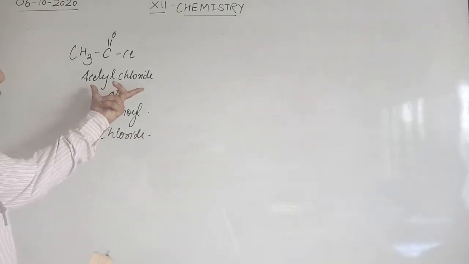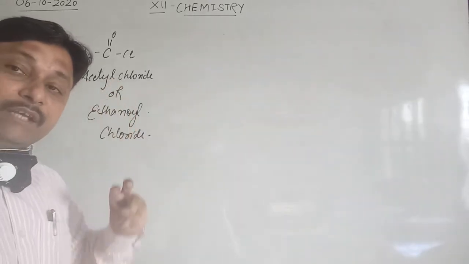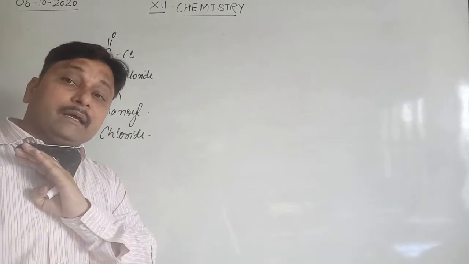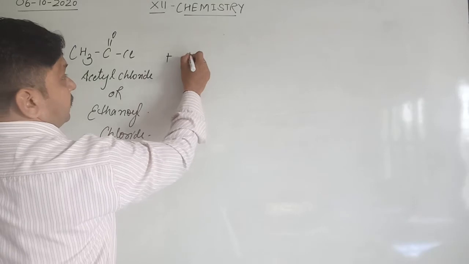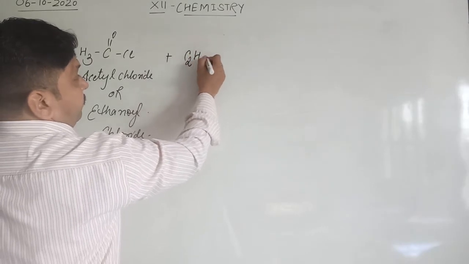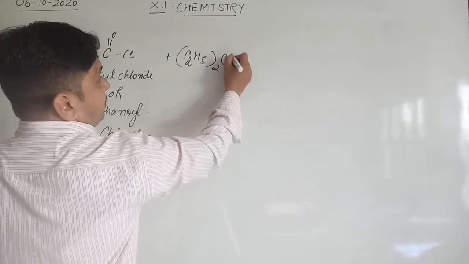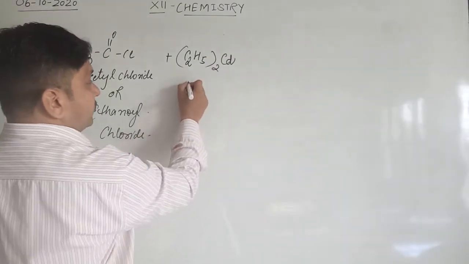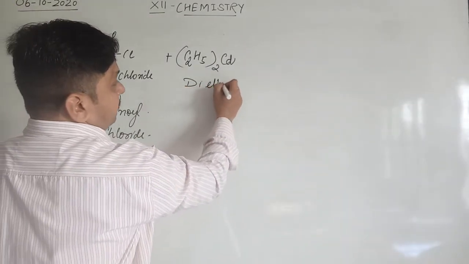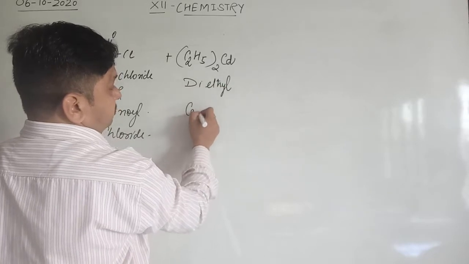So this ethanoyl chloride when reacted with any one of the dialkyl cadmium, if we use here (C2H5)2Cd, means diethyl cadmium.